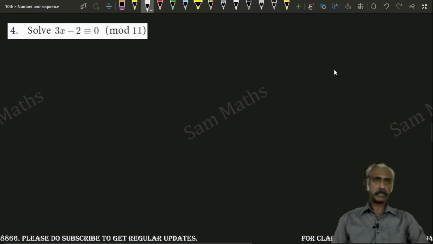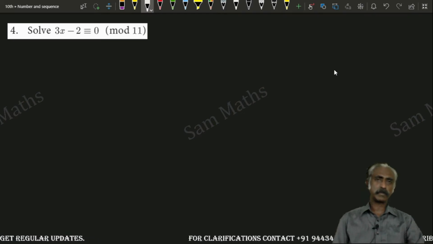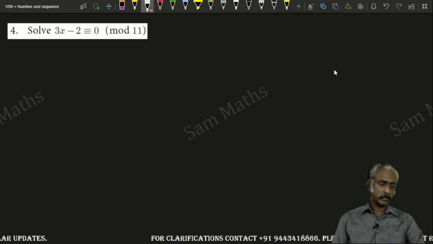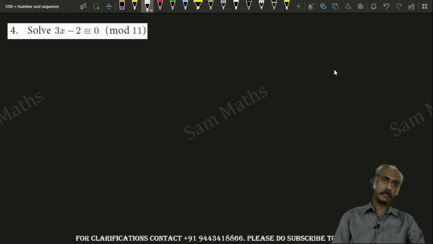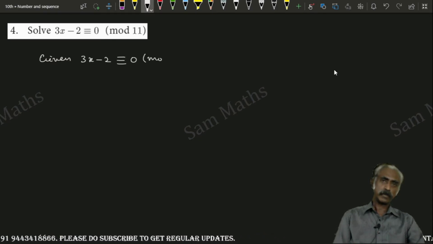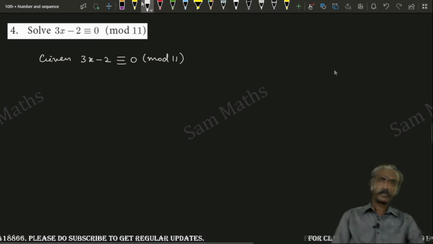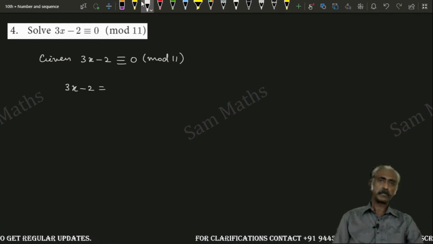Now the fourth question, solve 3x minus 2 congruent to 0 mod 11. So we have to find a multiple of 11. Given 3x minus 2 congruent to 0 mod 11. See, this we can write as 3x minus 2 equal to 11k.